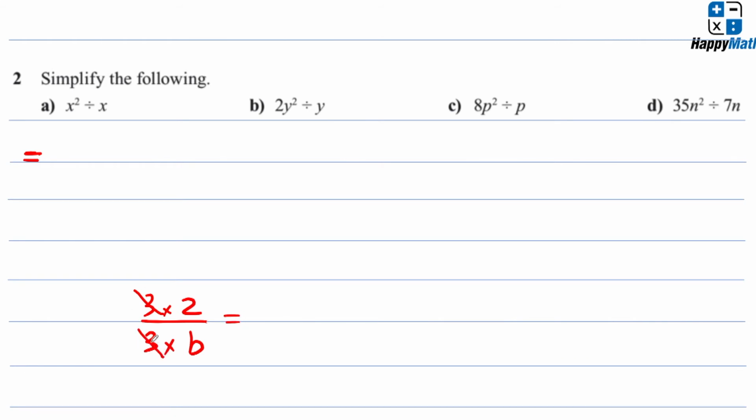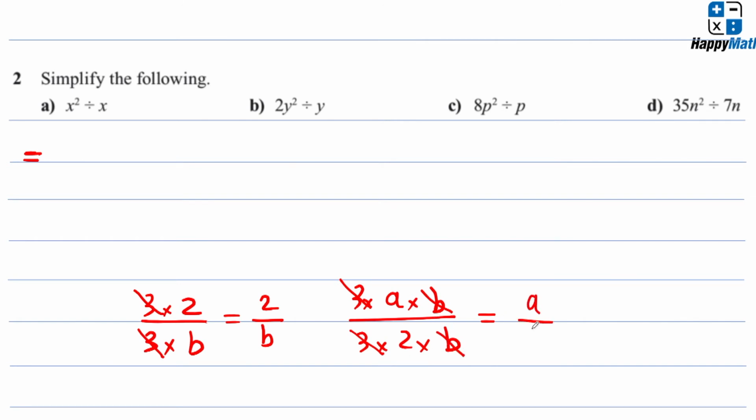You can simplify like this, and the rest will be 2 over b. Understood? So maybe 3 multiplied by a multiplied by b over 3 multiplied by 2 multiplied by b. The numerator has 3 and the denominator has 3 also, and the b in the numerator and the b in the denominator are the same, so you can cancel. The rest, when you simplify, is a over b.